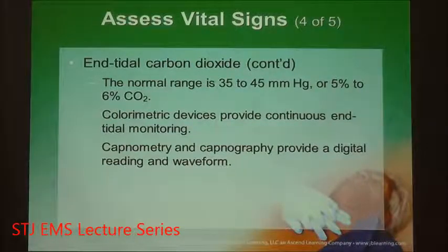So 35 to 45 millimeters of mercury, the torr pressure, is the equivalent to 5 to 6% of CO2. They have colorimetric devices which are used right after intubation, a litmus paper that changes from purple to yellow. And we also have the newer ones, the waveform capnography, which is read by cardiac monitors.